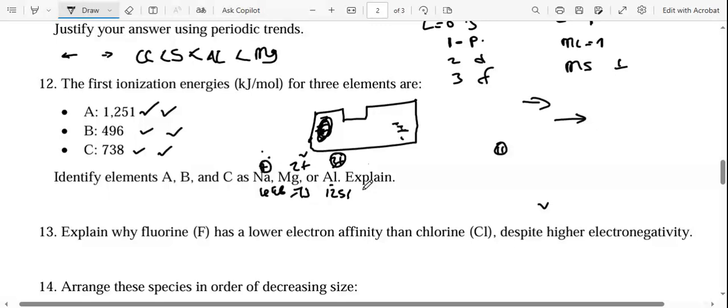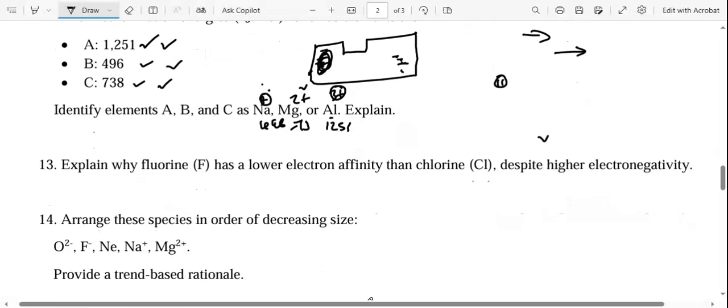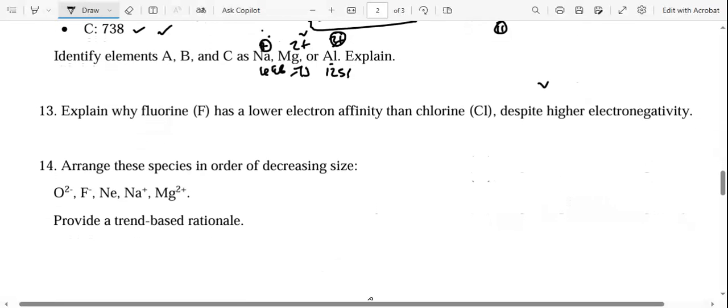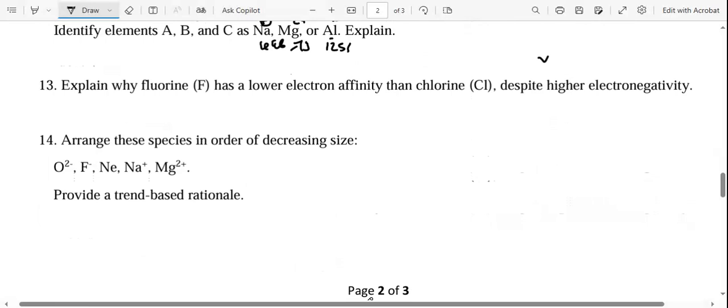Then, explain why fluorine has a lower electron affinity than chlorine despite high electronegativity. You can find this when you draw the electron configuration of the two. You will see the comparison in the change of electrons that remain in the last orbital.